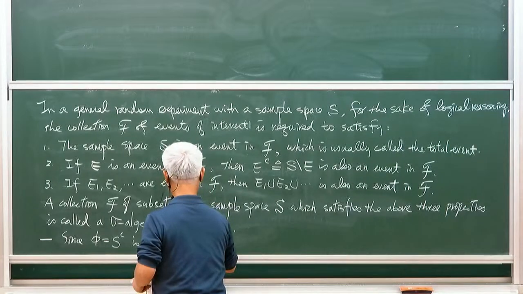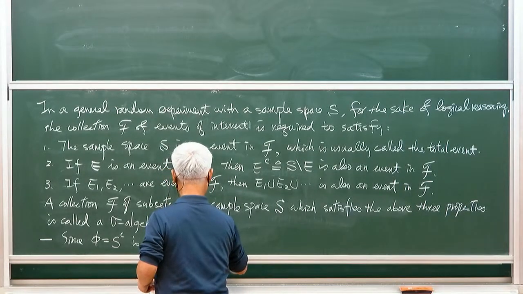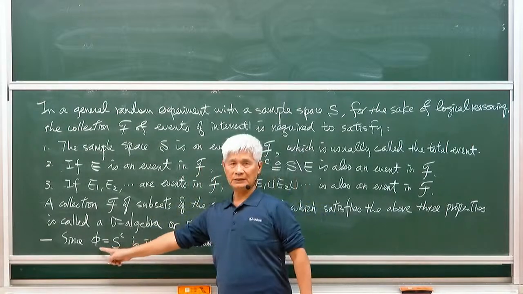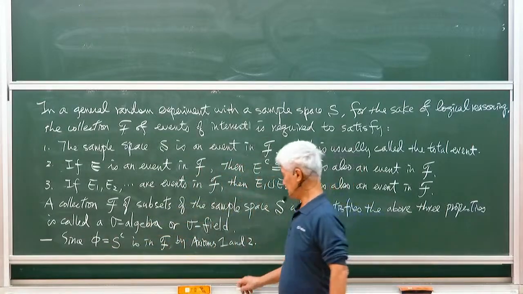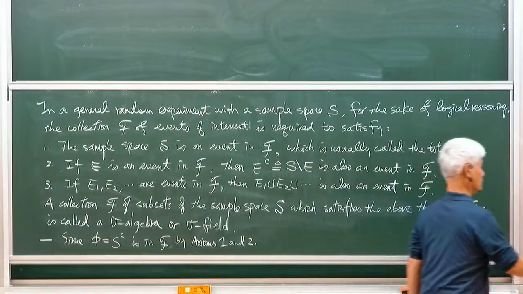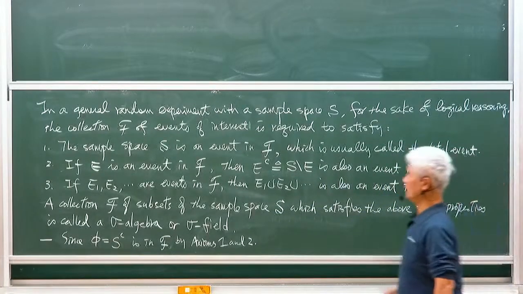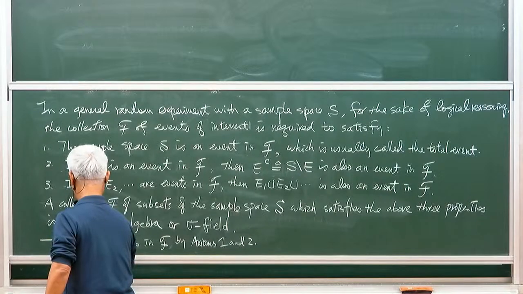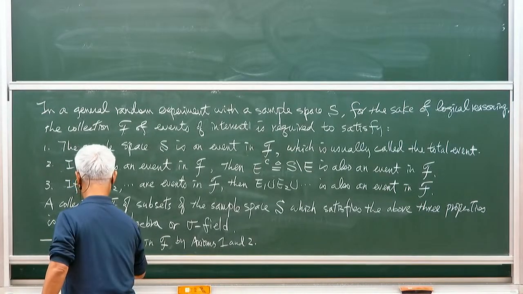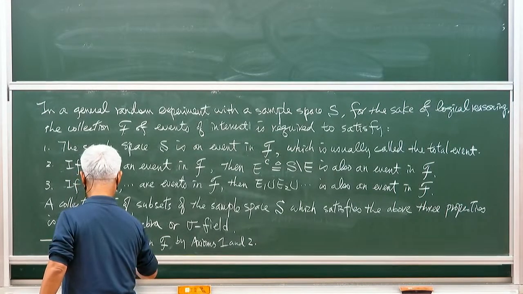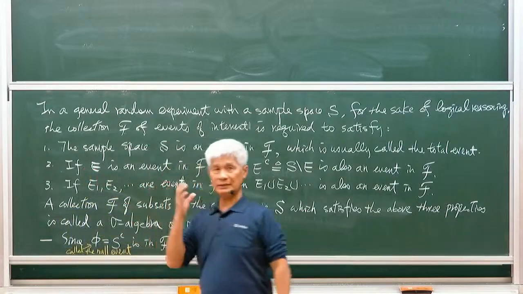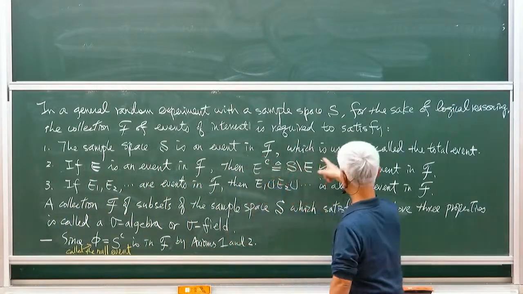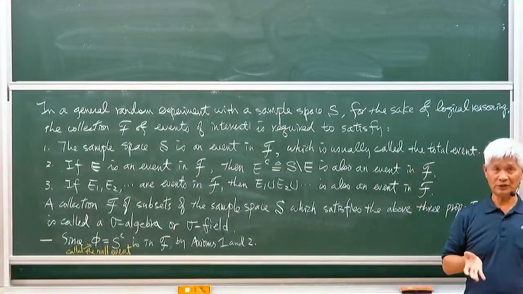So by axioms 1 and 2, the empty set has a special name, the null event, just like the sample space has a special name, the total event.